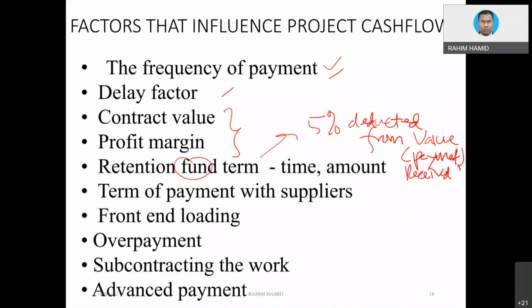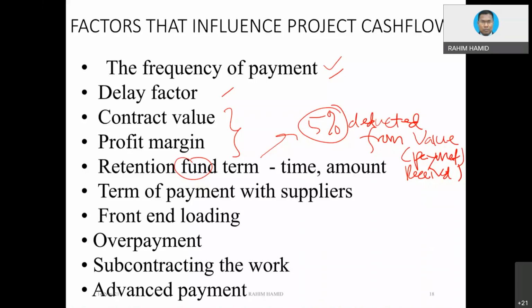That is the normal practice in the construction industry. We call it retention fund. So remember, those funds belong to the contractor, but are just being held by the client due to the things I mentioned before, and it will be returned to the contractor.